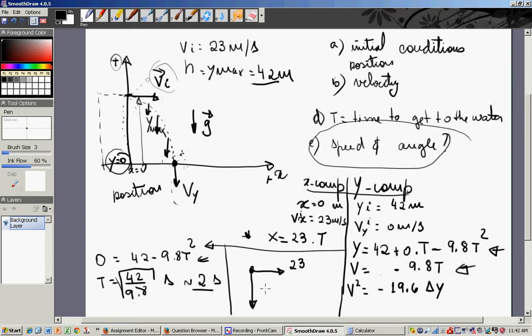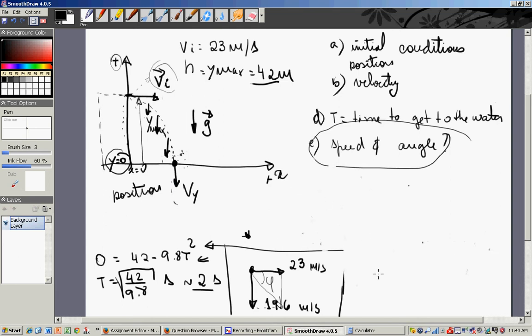It has one component in x, which is always the same, 23 meters per second. It doesn't change. And it has another component in y, which you can determine from this equation, pointing down. 2 times 2, the time, times 9.8 is 19.6 meters per second.